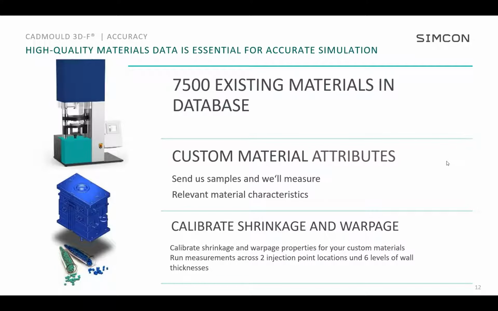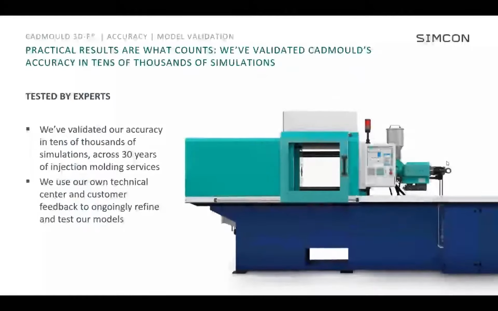These parameters are fed into the software to deliver the results for that specific material. These results are verified through 30 years of testing using injection molding equipment. So Simcon have proven that their software is extremely accurate in terms of the actual results that are produced from the molding process.